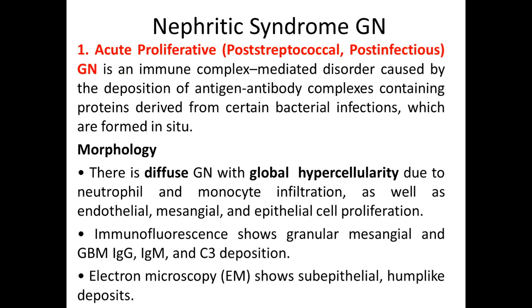And after this infiltration, we can speak about endothelial, mesangial, and epithelial cell proliferation. The immunofluorescence method shows us granular mesangial and glomerular basement membrane immunoglobulin G and M and C3 deposition, and electron microscopy shows us subepithelial hump-like deposits.